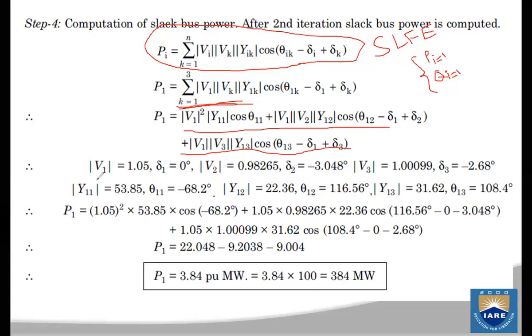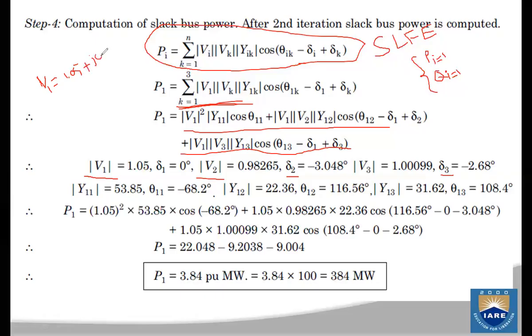Right. So now you know the values: magnitude of V1, magnitude of V2, delta 2, delta 3. In the problem, V1 is assumed voltage, given as 1.05 plus j0.